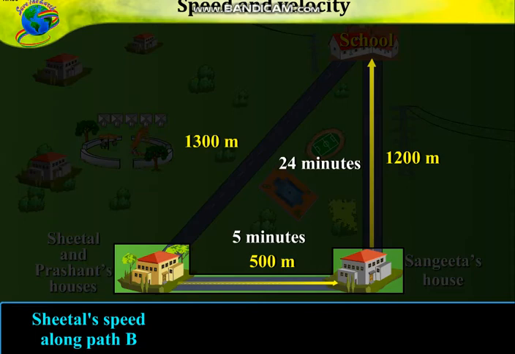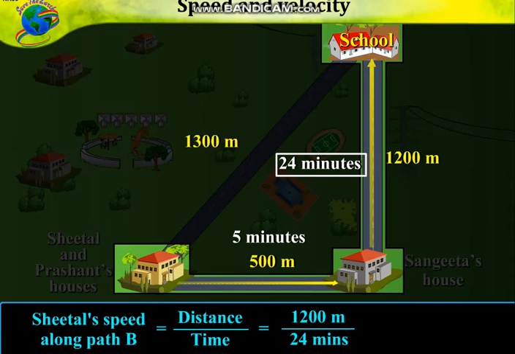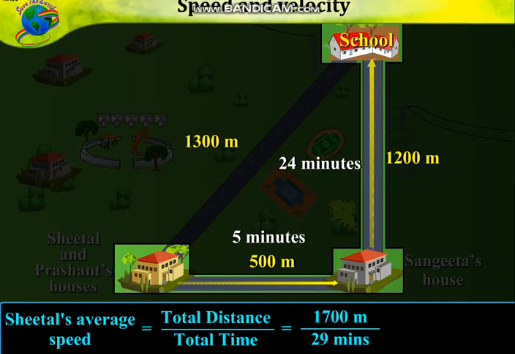Sheetal's speed along path B is equal to distance upon time. Substituting the values, 1200 meters upon 24 minutes, which equals 50 meters per minute. Sheetal's average speed is equal to total distance upon total time, which equals 1700 meters upon 29 minutes, which equals 58.6 meters per minute.